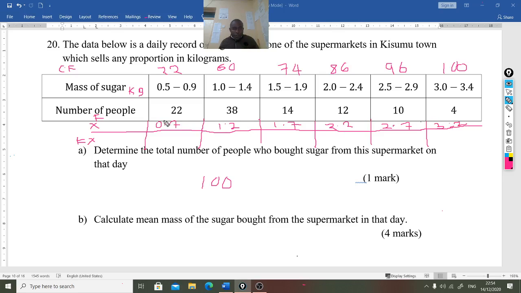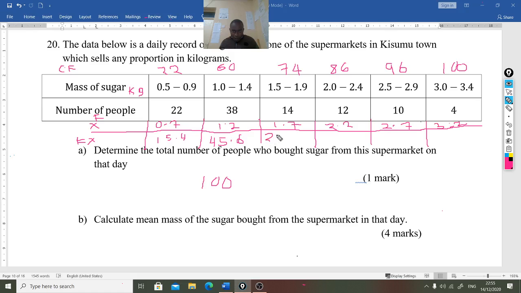We need to find fx. That is, we multiply this and this, we get 15.4. This will assist us to get the mean. Multiply this, you get 45.6. You multiply 14 times 1.7, you get 23.8.